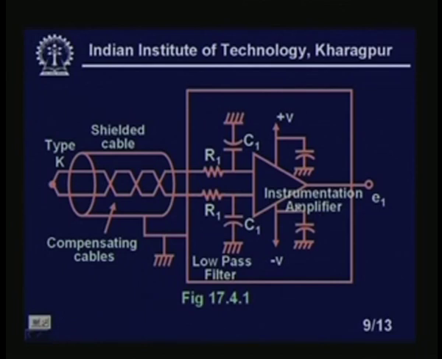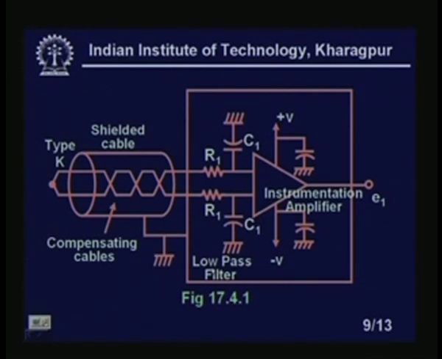We are using some capacitors to eliminate the power supply noises. So this is our complete circuit. An instrumentation amplifier with high CMRR needs to be used so that any common mode noise signal will be attenuated.